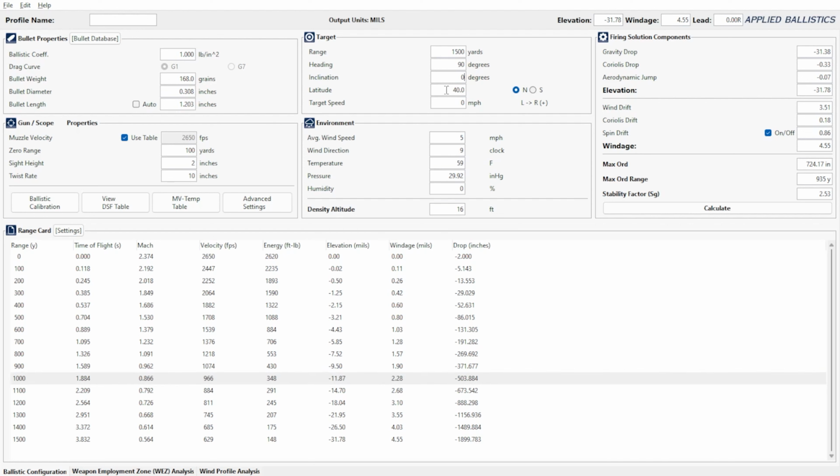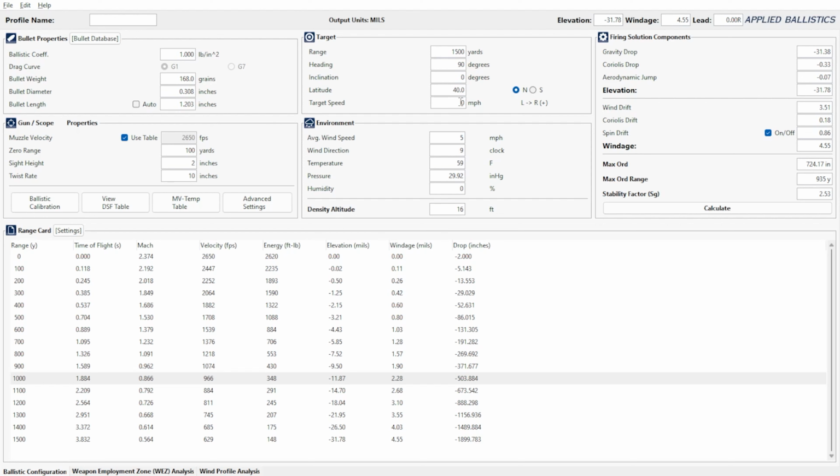Latitude to target, again, you can use a compass or map to sort out your latitude, and then target speed is referring to moving targets. Not something that most shooters are going to use, but if you're a tactical shooter or if you're shooting in some sort of competition that happens to have a moving target in it, you might find this useful.